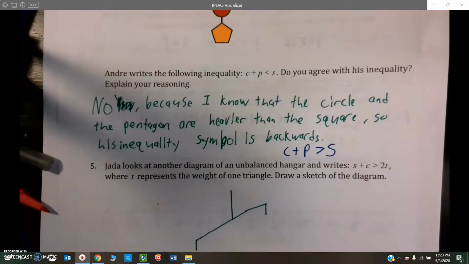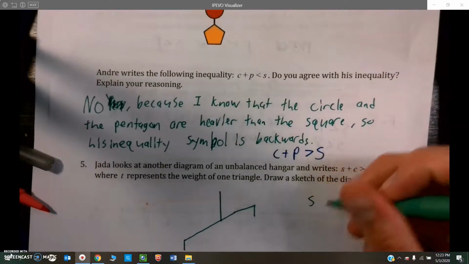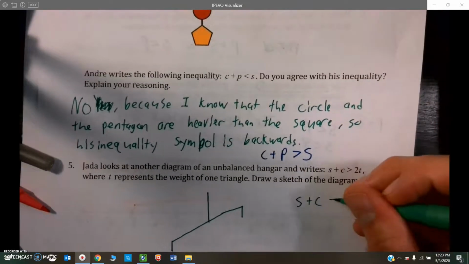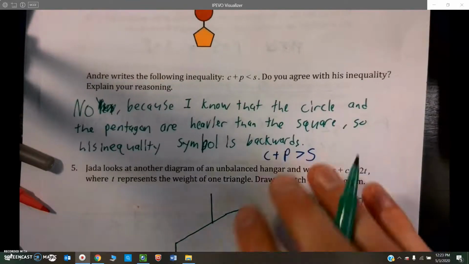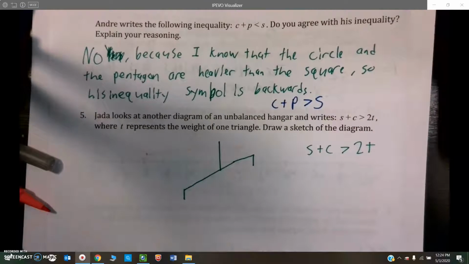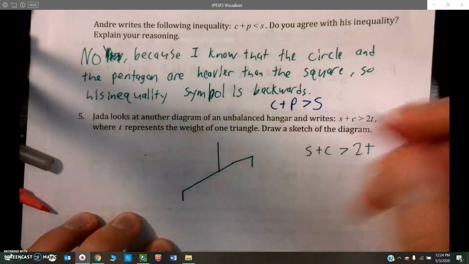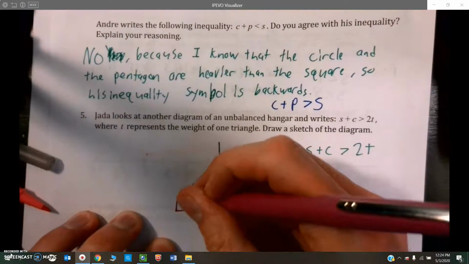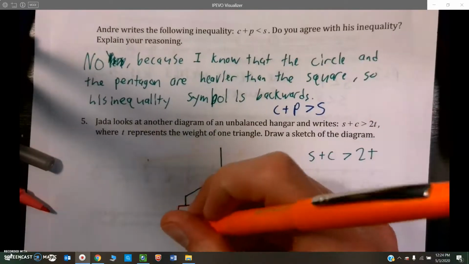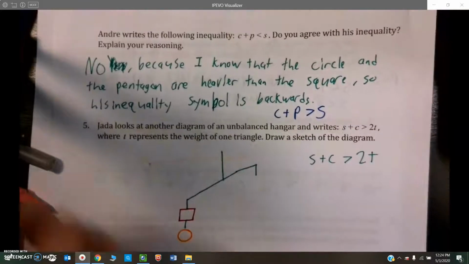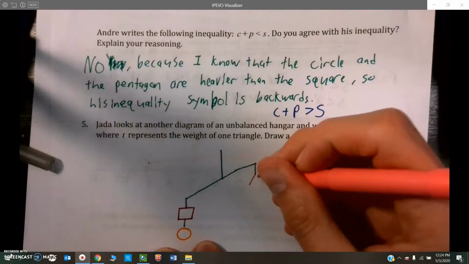Now Jada looks at another diagram of an unbalanced hanger and writes, square plus circle is greater than 2 triangles. Okay, so if we did that, we've got square, and then we've got circle, and then we've got 2 triangles.